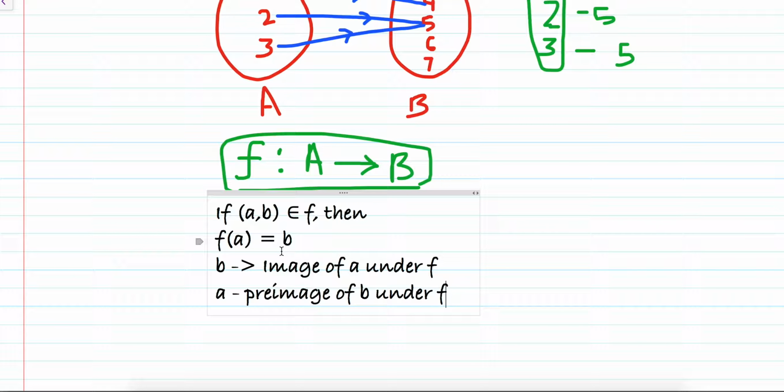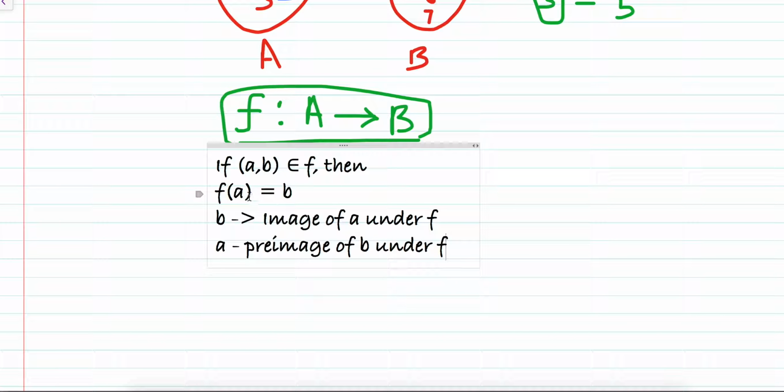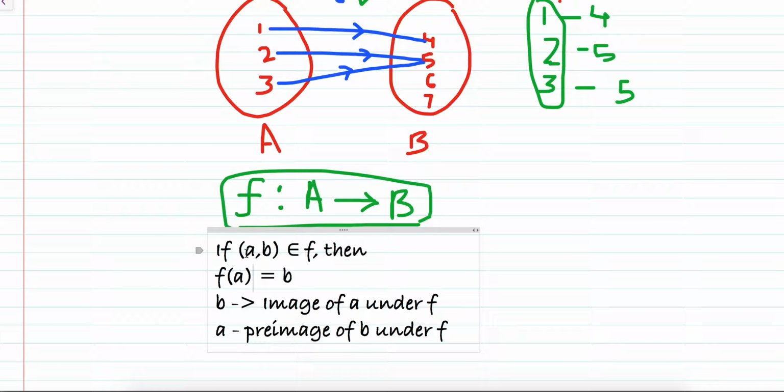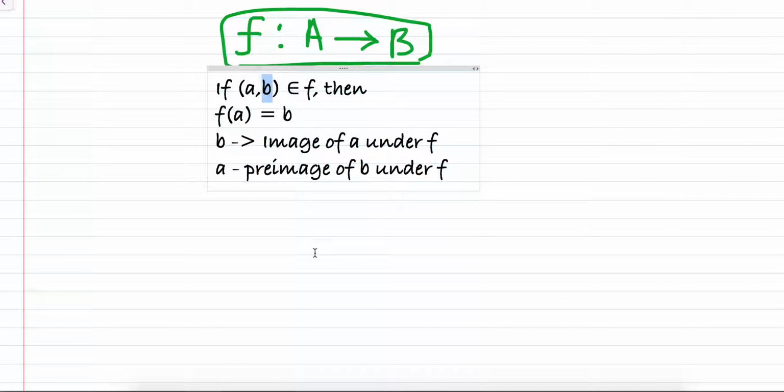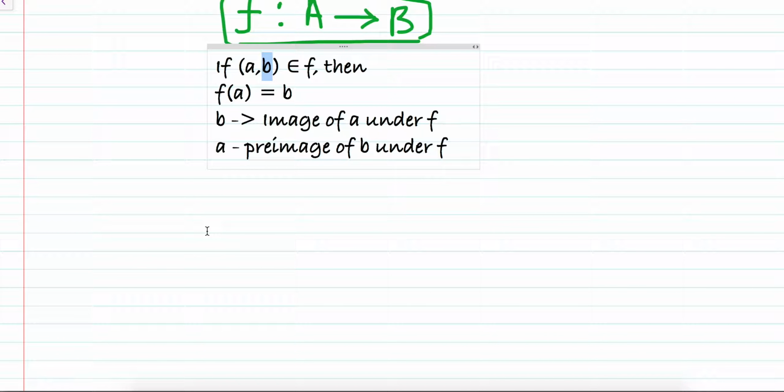Under some different function it may be different, but suppose we have defined a function, then this function will have a set of ordered pairs. So here the first element will be called the pre-image of the second element under f, and the second element will be called the image of a under f. So we will see some practical examples of functions.